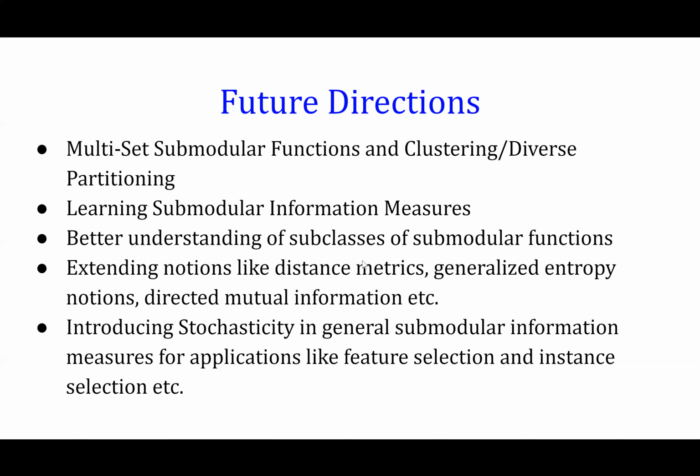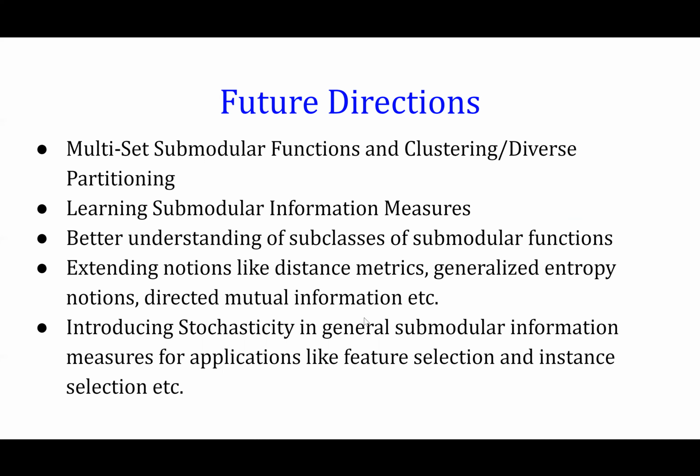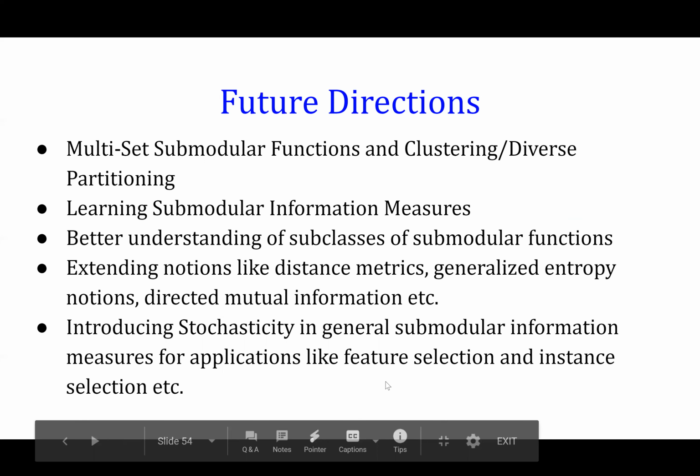The second aspect is to learn some of these submodular information measures, to use them in machine learning. In a diversified summarization case or a recommendation system, you want to learn the models given data. The third is understanding subclasses of submodular functions and their connection to entropy, extending notions like distance metrics, generalized entropy, directed mutual information, etc.